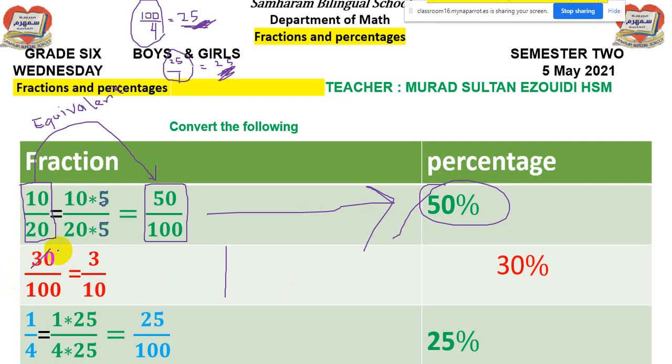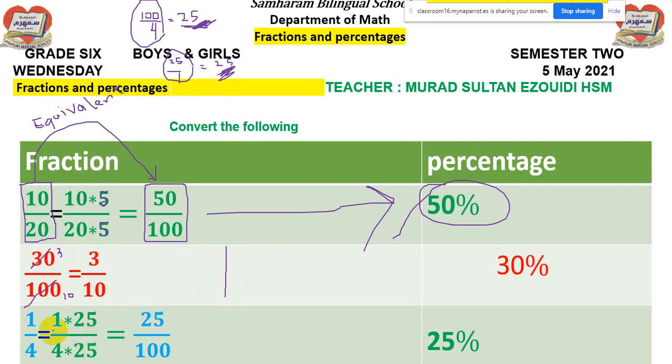Good girl. I will cross this out and make 3. Then how many tens are in 100? 10, isn't it? So that's why the answer is 3 divided by 10. This 3 divided by 10 in fact is equivalent to 30 divided by 100. Why is it called equivalent? Because they have the same value. Okay? Now move to the second part.